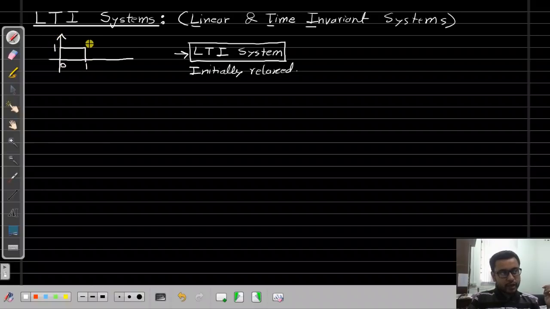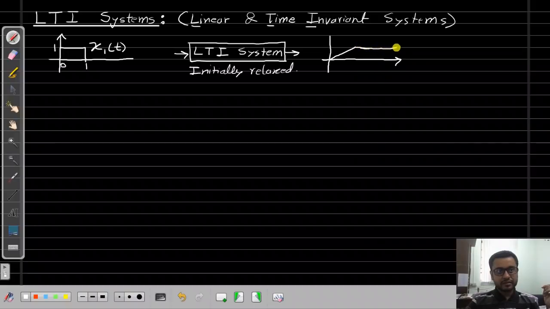Call this particular pattern of input x1(t). I have given this input to the system, and I have measured how the output looks. Suppose the output pattern for this input looks like this: 0, 1, here also 1.